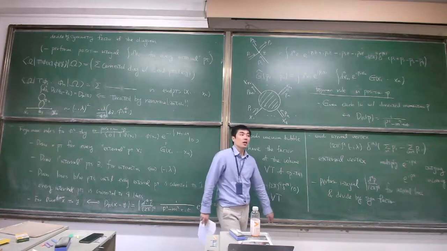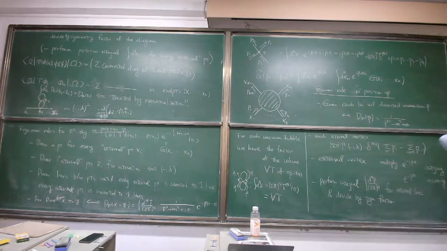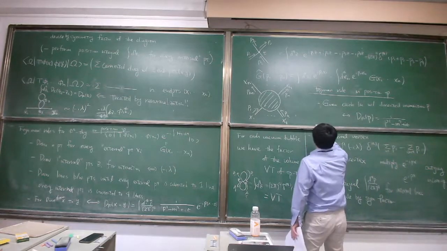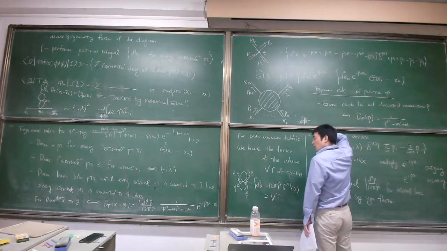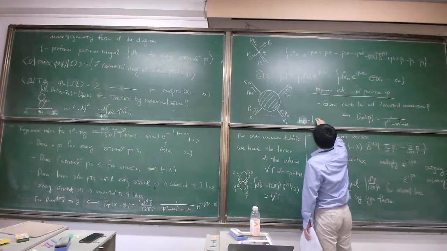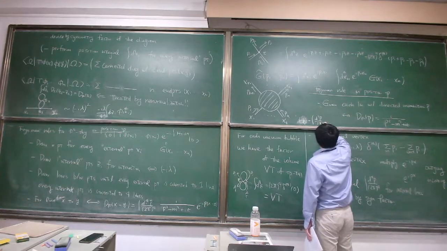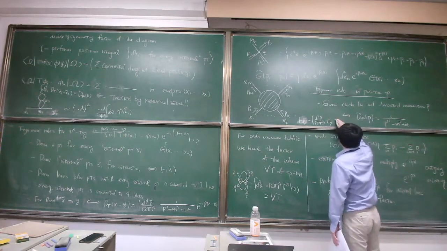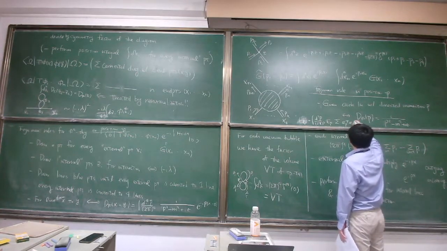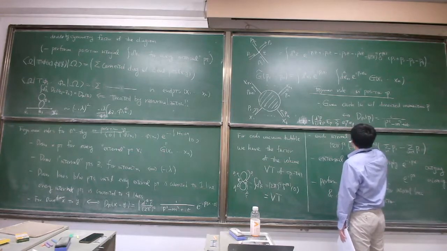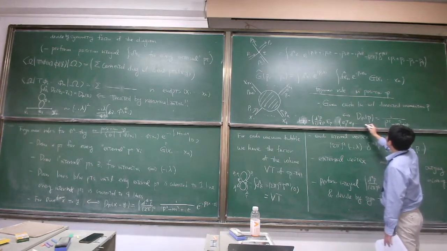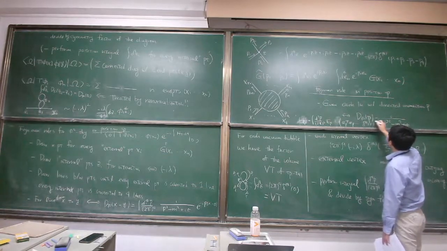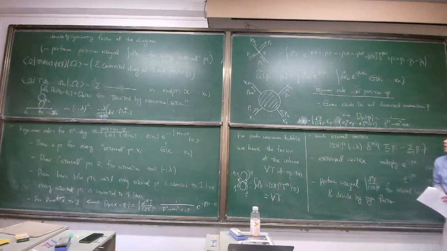As we saw in the Hamiltonian, recall the free scalar Hamiltonian has a Hamiltonian density, something like an integral over q with delta(0), possibly with some factor of 2π, and it has a plus sign for the free scalar theory.